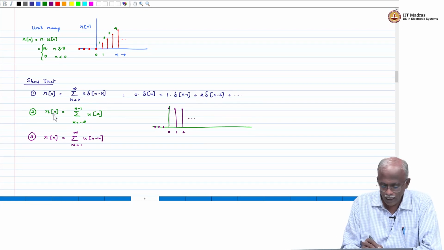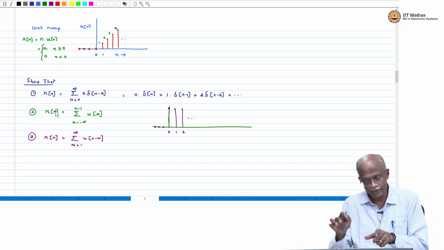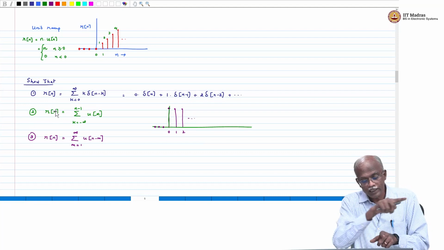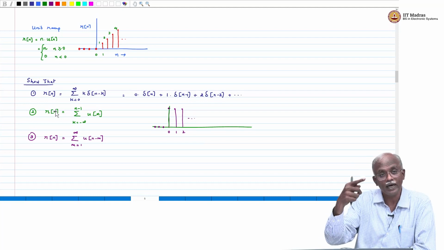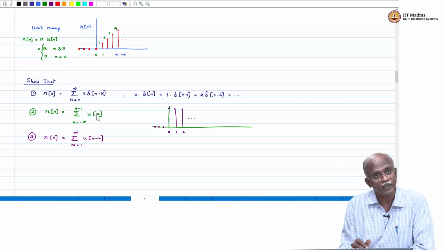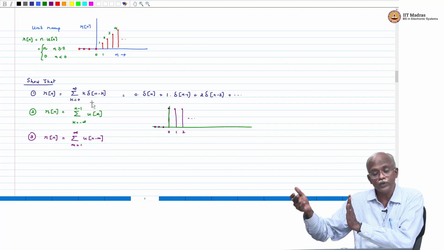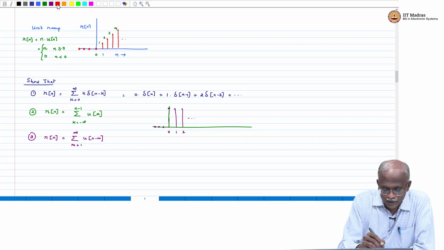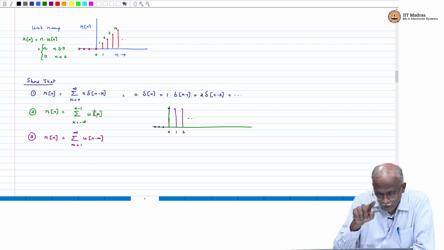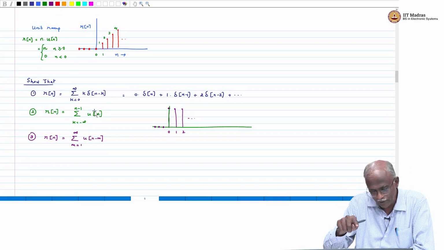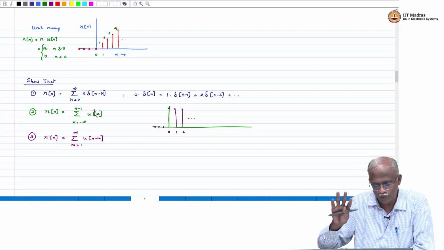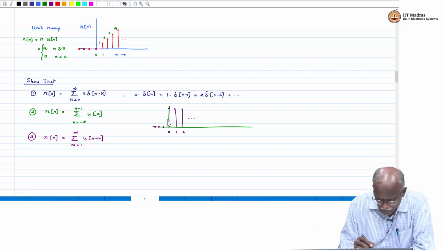Now, R of n by this expression is a summation from minus infinity to n minus 1 of u of k. U of k is basically the unit step function.